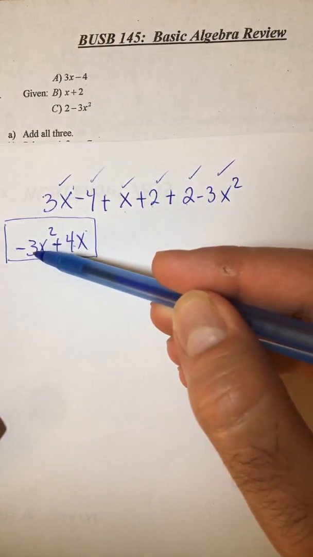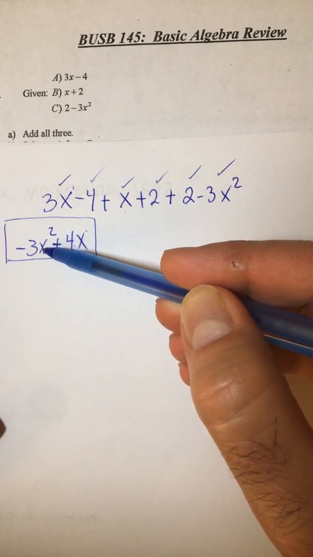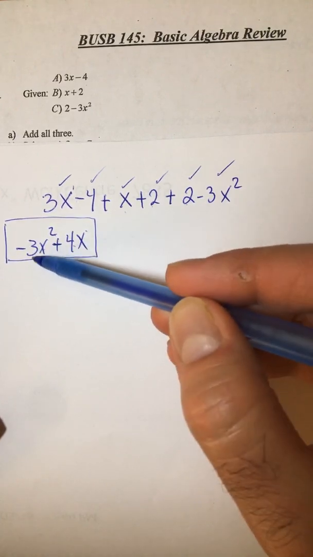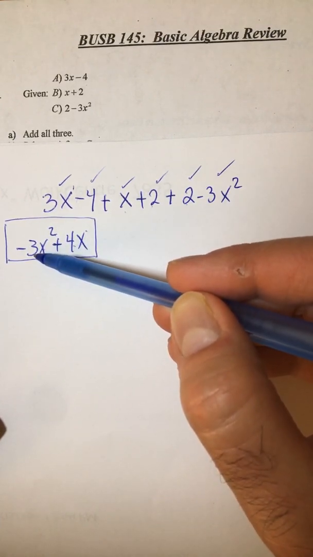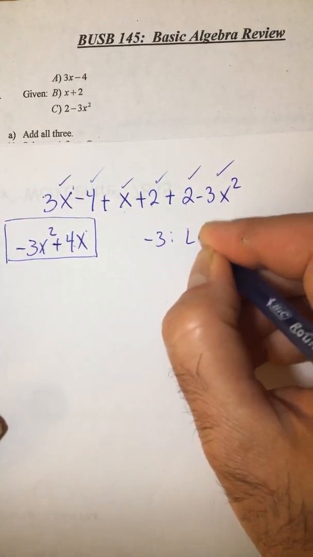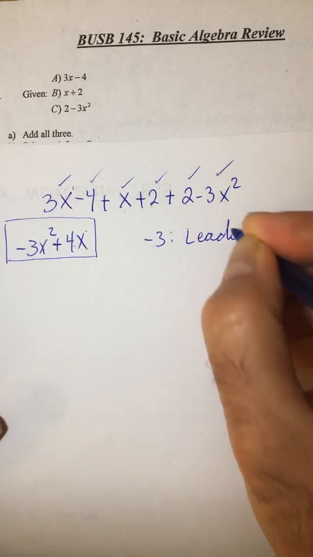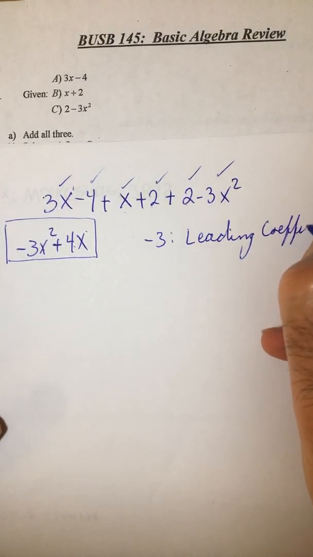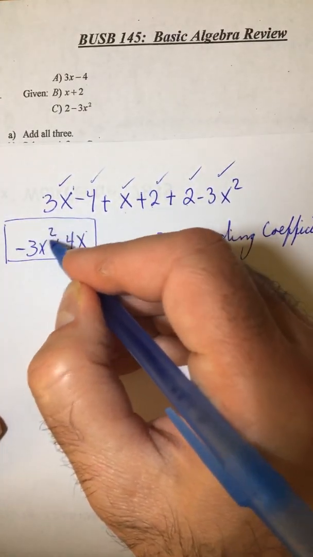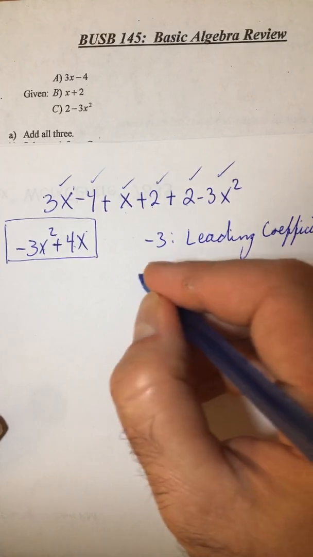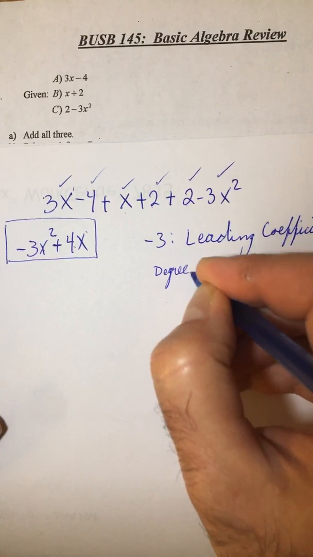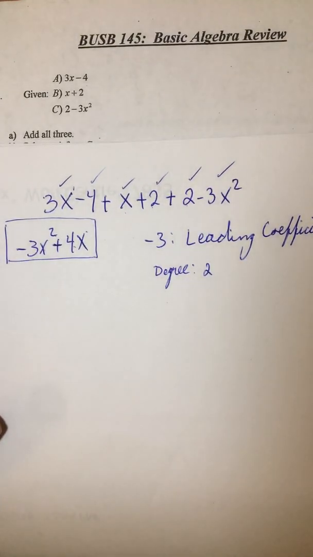Now, if your coefficient is attached to a variable with the highest exponent, then we call that the leading coefficient. So your negative 3 is called the leading coefficient. And the highest power in your expression is called a degree. So degree, in this case, is 2, the highest exponent.